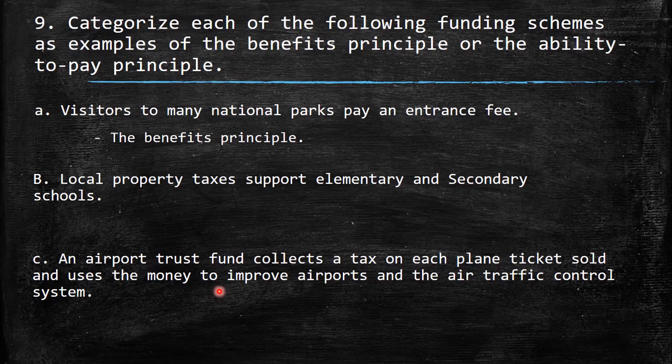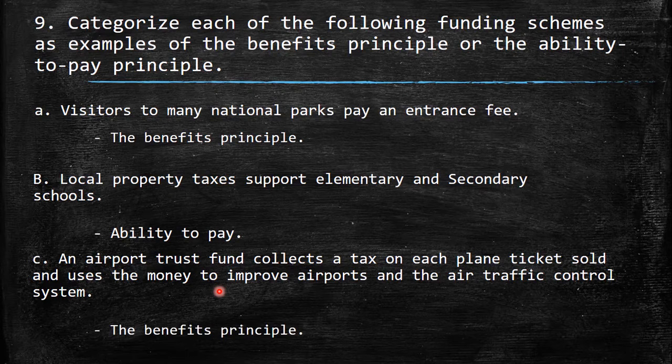Because you are taking advantage of the park, so definitely you need to pay for the entrance. Then local property taxes support elementary and secondary schools. Definitely, local property owners don't have any direct relation with elementary and secondary schools, but due to the ability to pay principle, they need to provide these taxes.